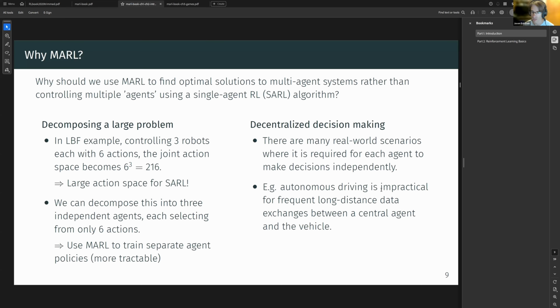You can't guarantee that they know all the information about the environment and the other agents. So each one really needs its own independent policy that it can use. And also, competitive examples is another case where it doesn't really make sense as a single agent RL problem.